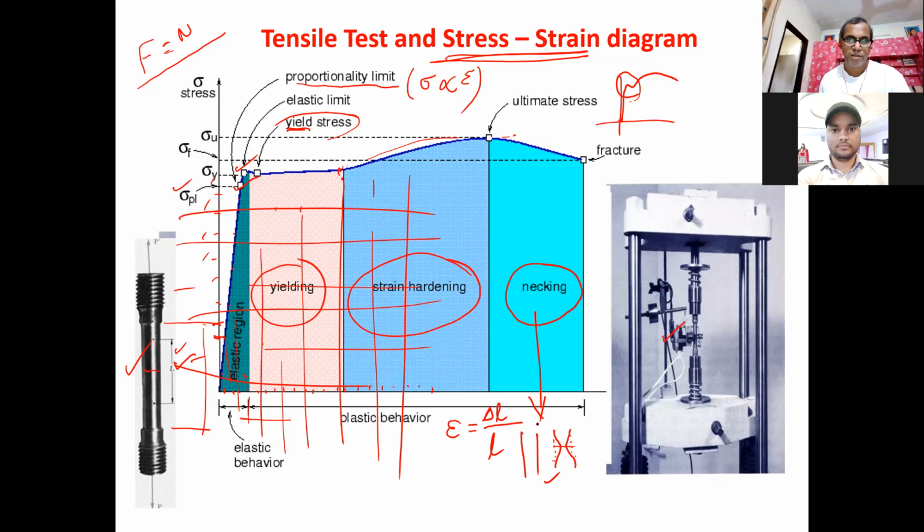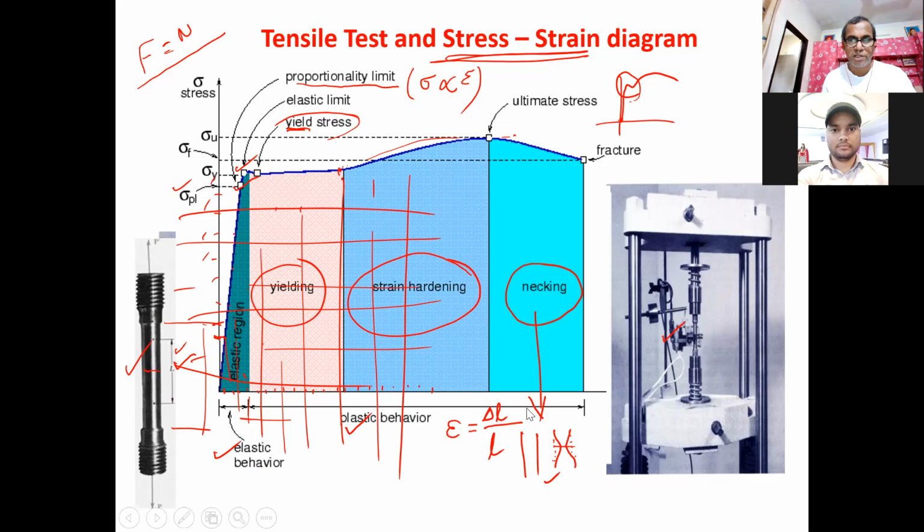Okay. Now see, one thing only remaining, that is the deformation behavior. जब आपने लोड अप्लाई किया था, and the material started to deform, we'll see the deformation are in two forms: elastic behavior and plastic behavior.